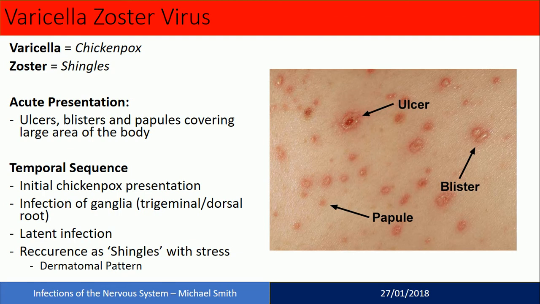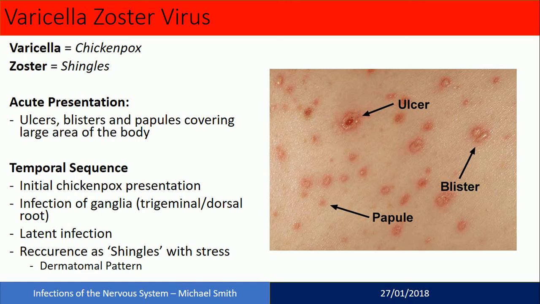The varicella-zoster virus is commonly known as chickenpox. It normally first presents with ulcers and blisters, which cover much of the body. After this initial presentation, the ganglia, again the trigeminal or dorsal root ganglia, may become infected, and the infection can remain there latent.